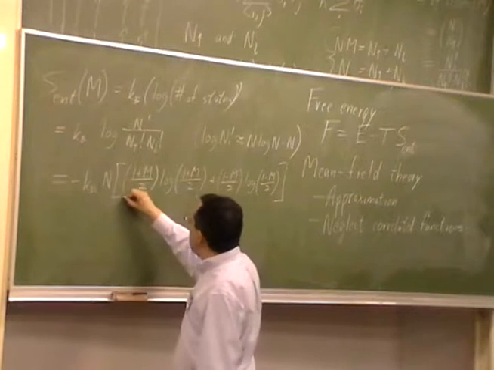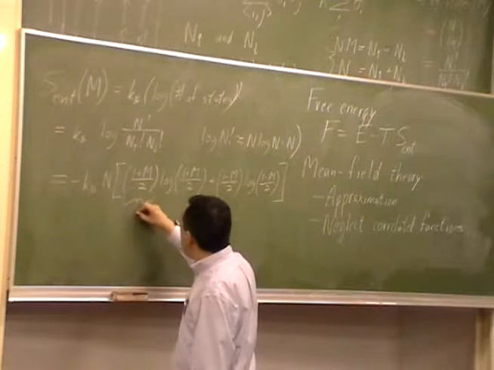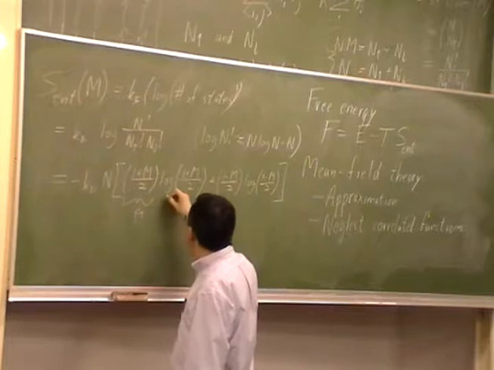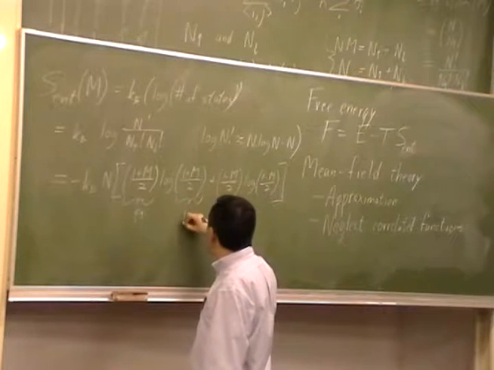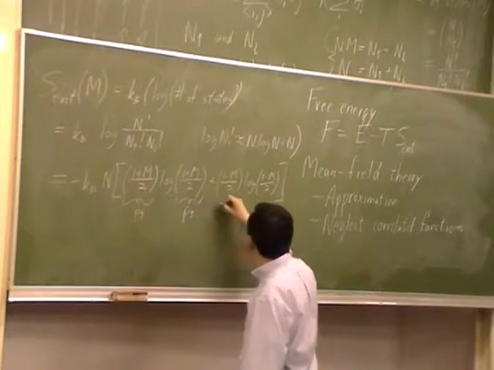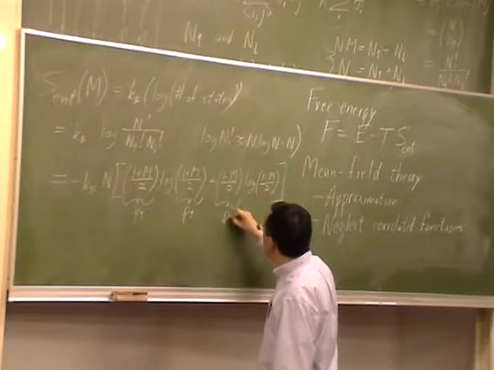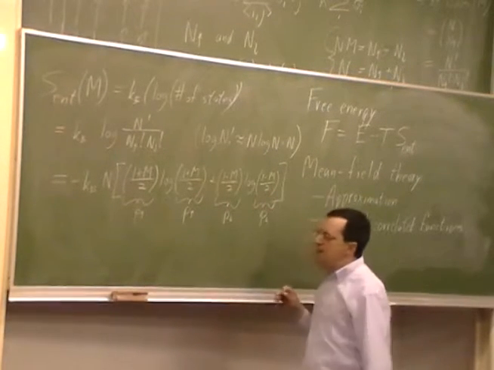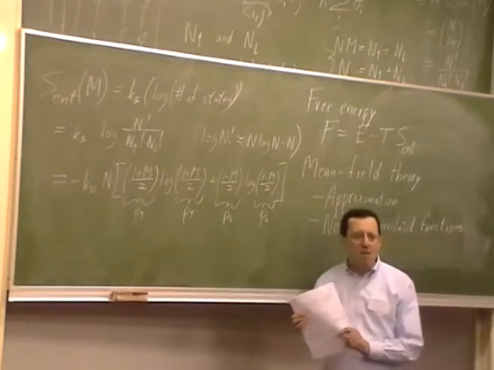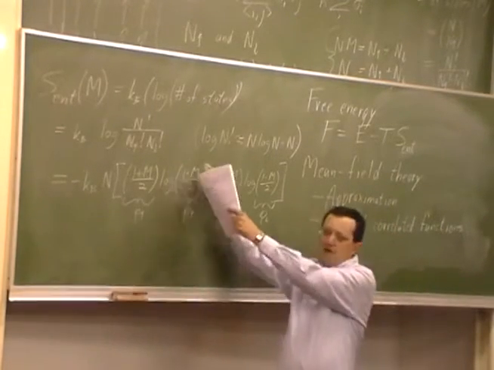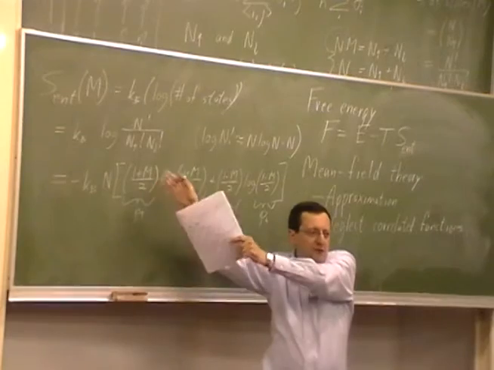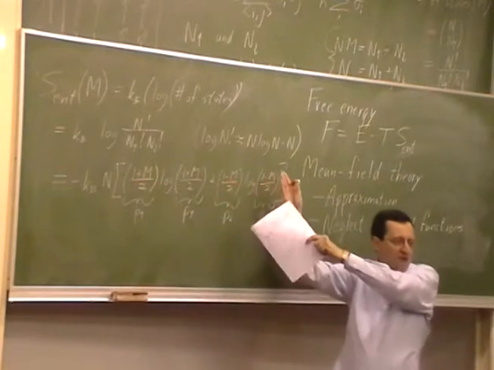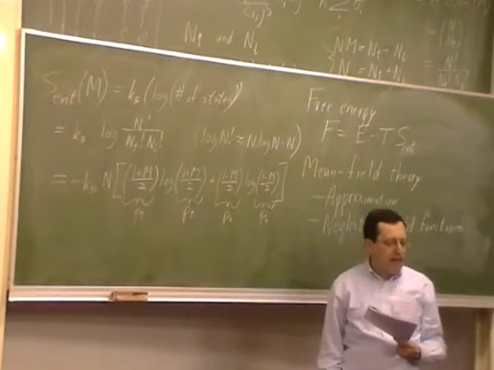Okay, and so you'll recognize this expression, by the way. This is like the fraction of up spins times the log of the fraction of up spins. And this is the fraction down times the log of the fraction down, and the sum of fraction times the log of that fraction. This is a standard information theory expression for entropy.